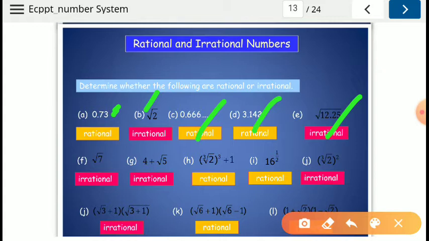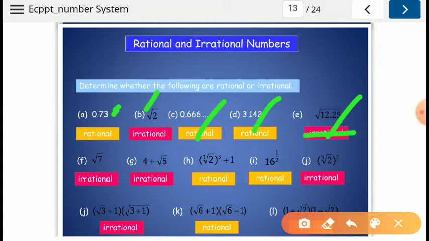But 3.5 is a decimal, so you get it as a terminating decimal. Concentrate here on whether the square root of 12.25 is rational or irrational, because the square root of 12.25 you will get as 3.5, so it is a perfect square. Here it is given to you wrong.